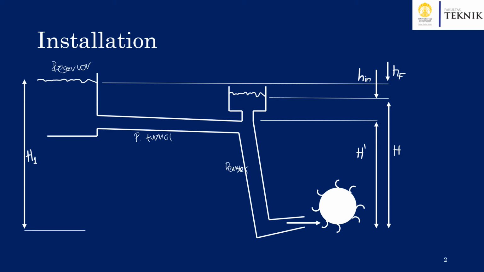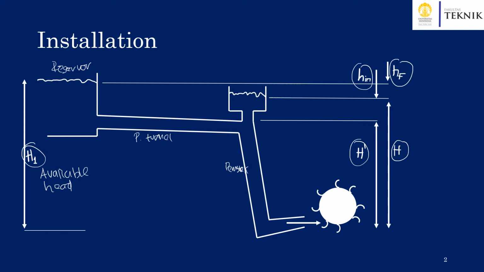Now we need to have a look at the parameters that we will deal with when we need to analyze the performance of an impulse turbine. Now H1 here represents the available head.